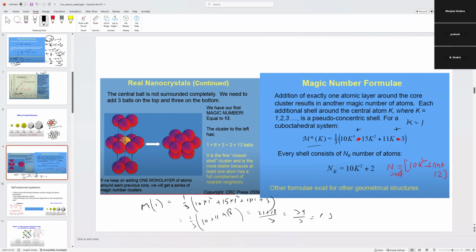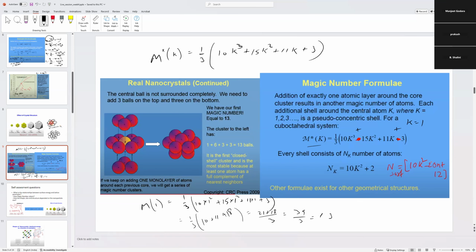Yeah. So the correct formula is m star k equals 1 by 3 times 10k cubed plus 15k squared plus 11k plus 3.